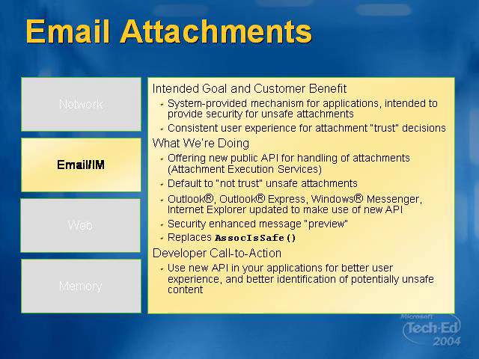This is a new API called the IAttachmentExecute interface, and it has a series of methods on it that enable you to do things such as check the policy. Do I want to launch these components? Do I want to launch this dialog? It presents a consistent UI to the customer so they can make decisions.